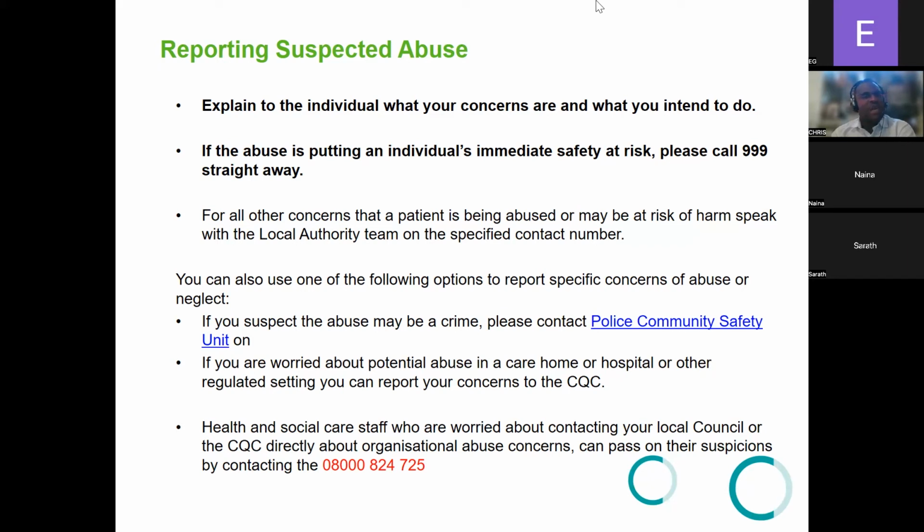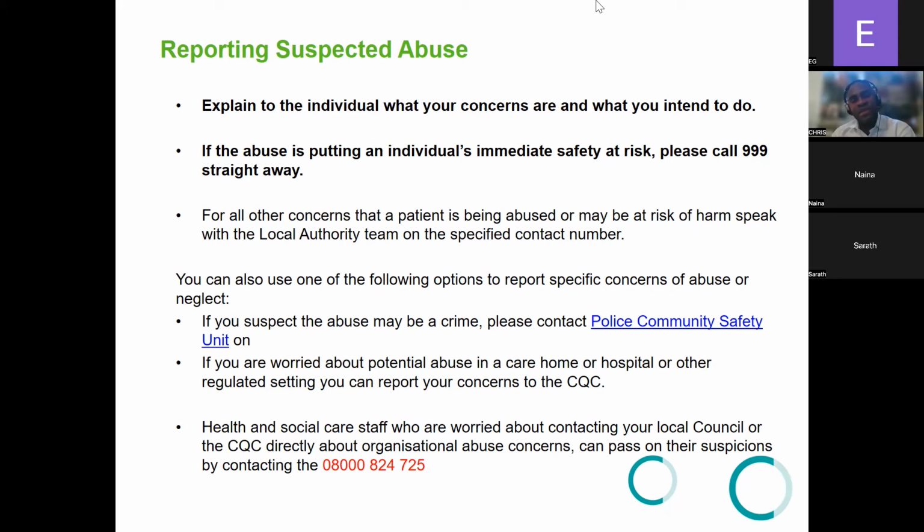For example, there are physical marks on their body that you can see. This is information sharing. You tell them, I have some concerns. Last time I came to visit, there were no marks on your body. Now there are some visible marks. These are my concerns.